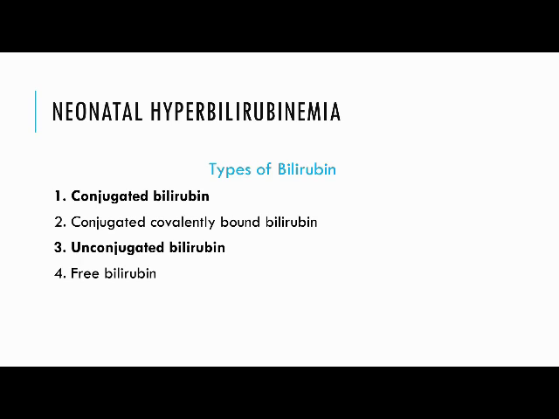And it is the one that can do some nasty damage to the brain, which we'll talk about later, so I wanted to put it here. When we talk about the most common clinical conditions associated with hyperbilirubinemia in infants, we're primarily talking about unconjugated, conjugated, and free bilirubin. Those are terms you'll need to remember, and hopefully they'll make a lot more sense when we're done today, if they don't already.